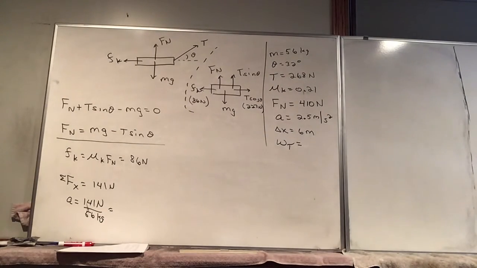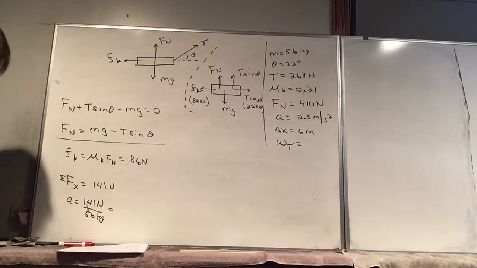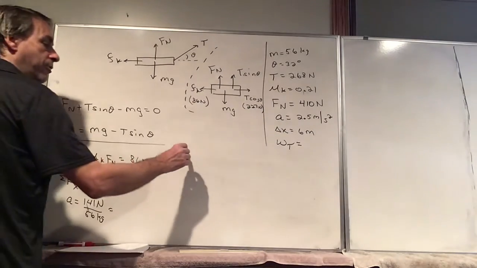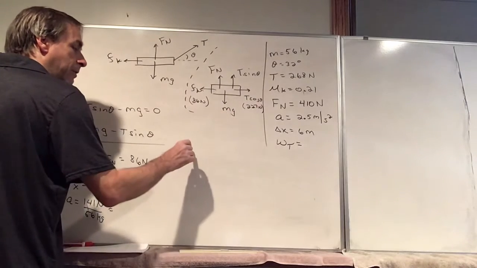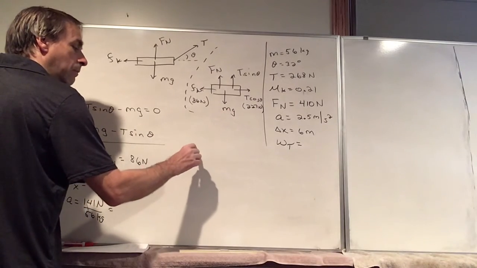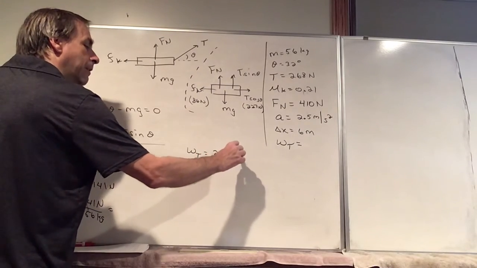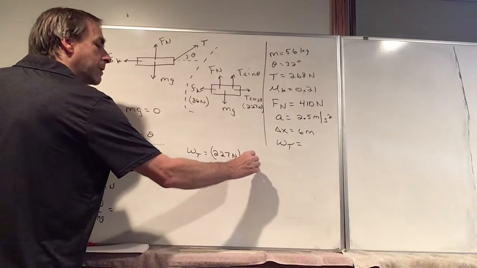Okay, now this is one where you have to be a little careful because now we want to know the work done by tension. And so the work done by tension, where it's moving 6 meters along the ground, this would be 227 newtons times 6 meters.